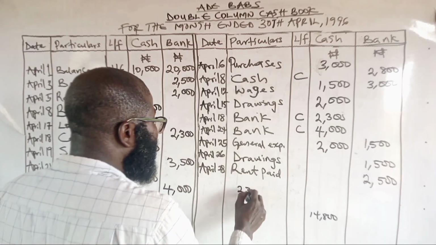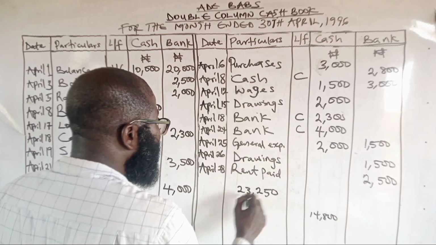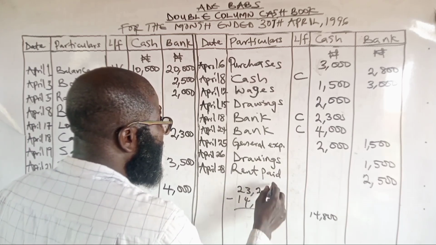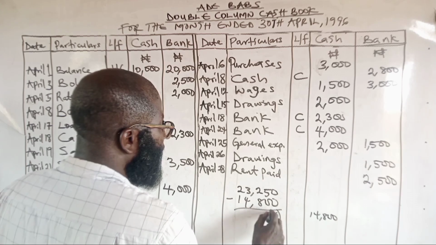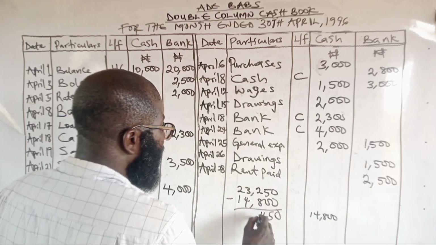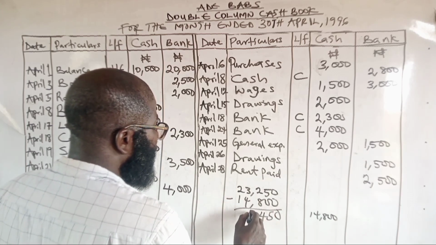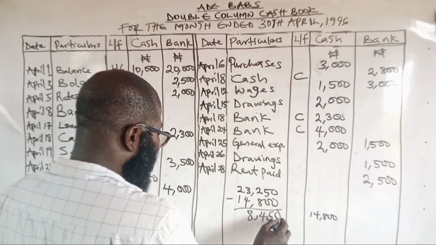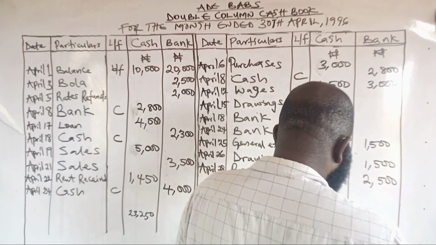Therefore, 23,250, you take away 14,800 naira, then 0, 5, 4, 8. So we have 8,450.